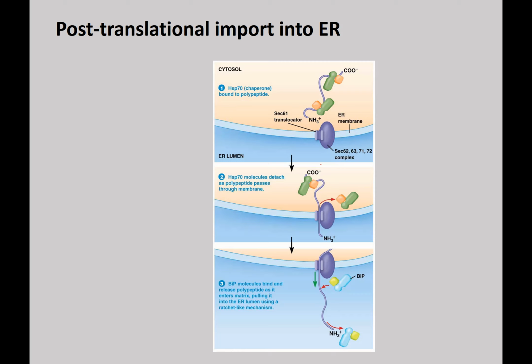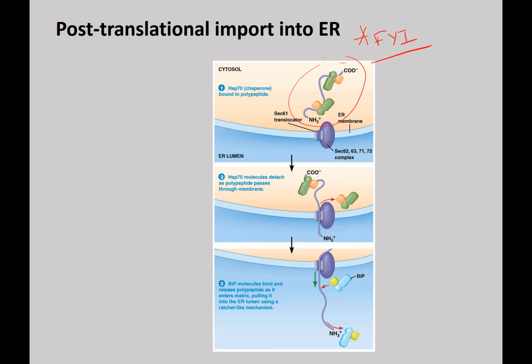All right, post-translational import into the ER. Okay, so this one threw me because we've been talking about all this co-translational import. So I just want you to think of this as an FYI right now. Most proteins are co-translationally imported, but there are some that are actually translated in the cytoplasm and then moved to the ER.